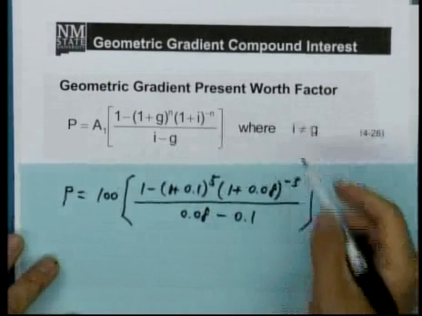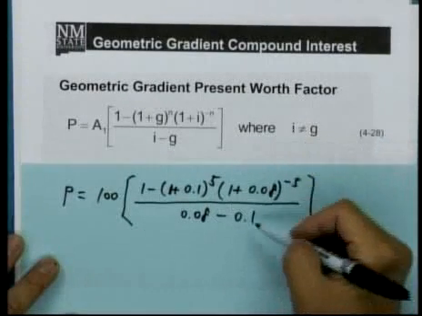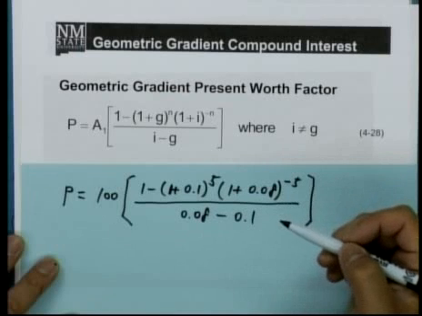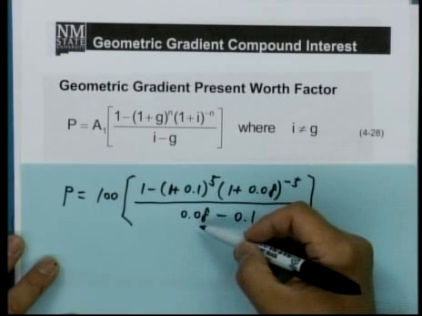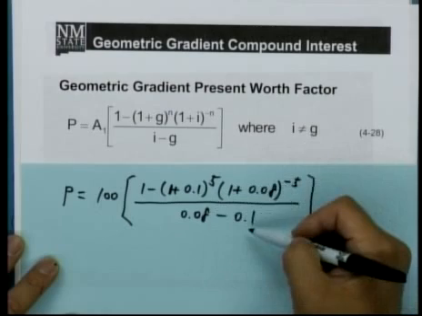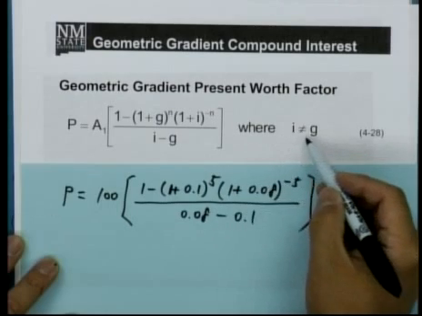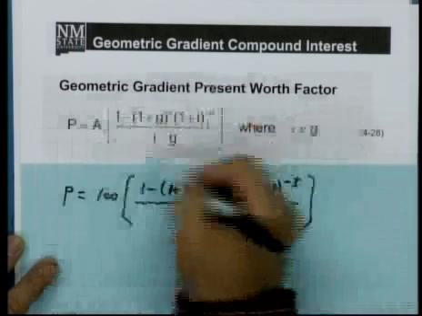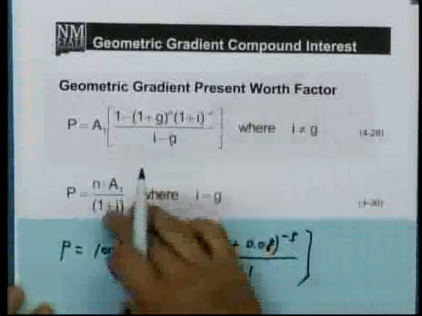Because here i is 0.08 and g is 0.1, which is not equal to i. So we need to stick to this formula, not this one. Okay?